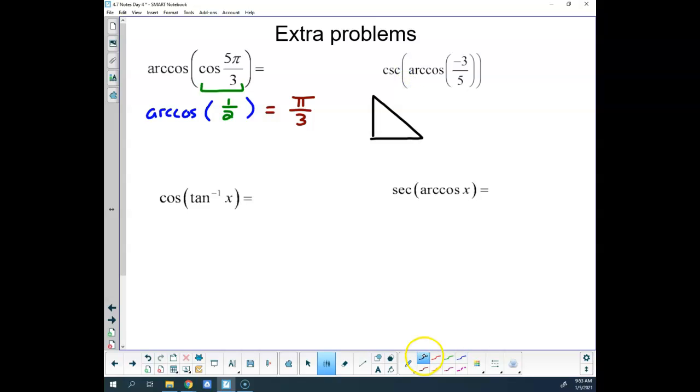So for instance, theta is here, but we're using theta prime, which is fine. Cosine is adjacent over hypotenuse.